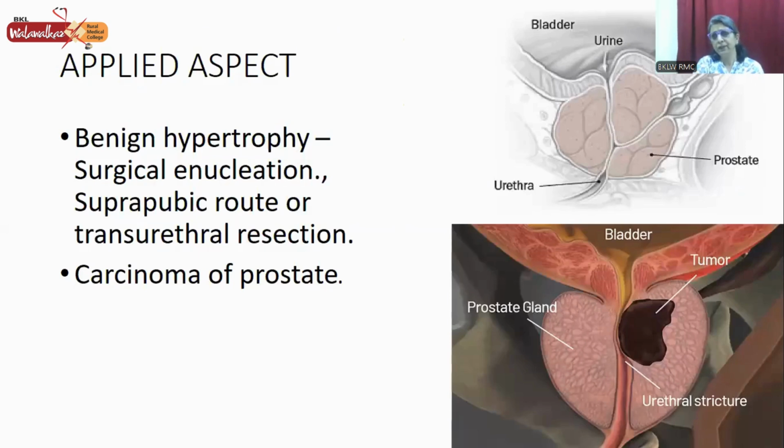Coming to the applied aspect, in my whole lecture I have already told you about the applied aspect, but to specify, the size of the prostate gland increases. One condition you should know is BPH, benign prostatic hypertrophy, where the size of the gland increases, but the increased tissue is benign.